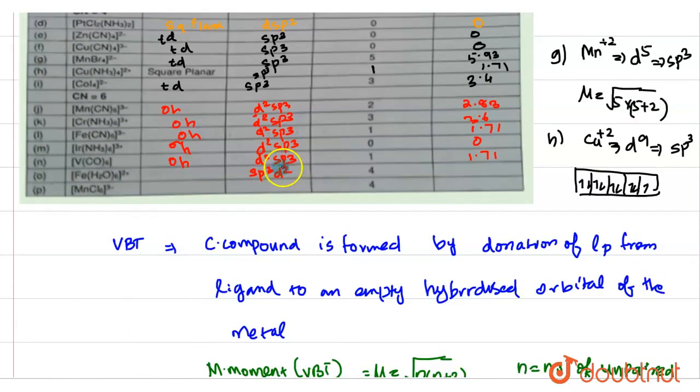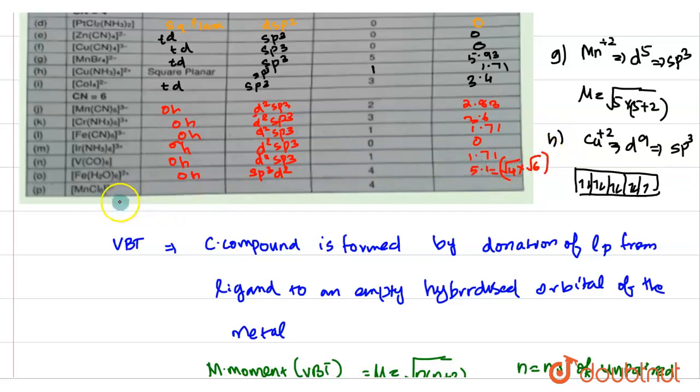Hybridization will be sp3d2, and it will be again an octahedral complex, and the spin only magnetic moment will be around 5.1 something, root 4 into root 6. That will be the answer.